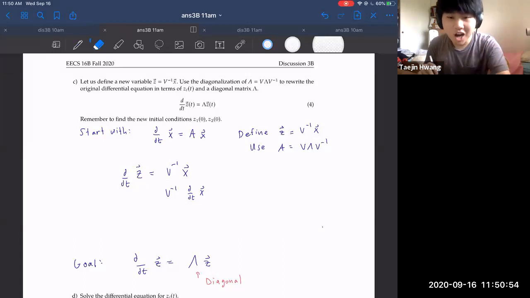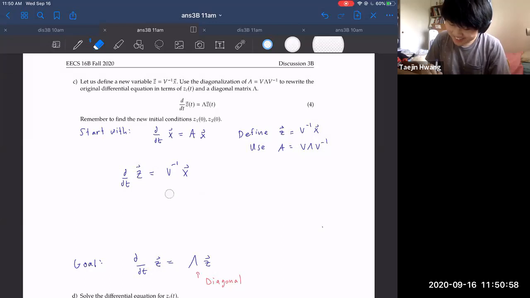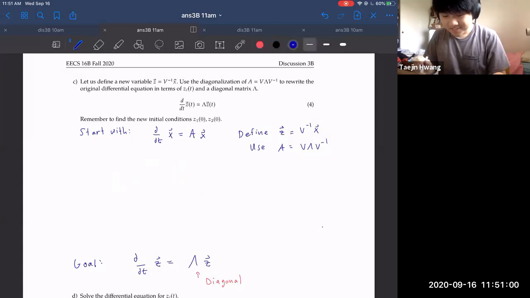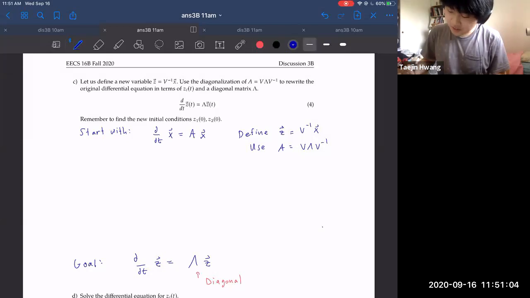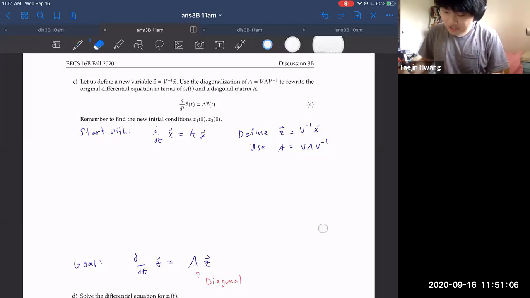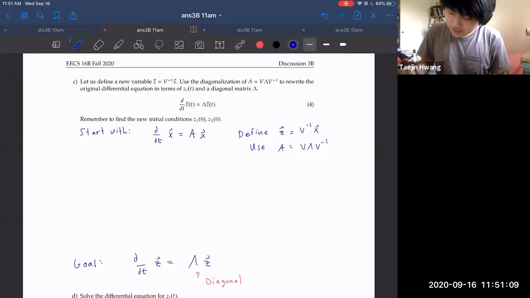I think it's the exact opposite way of how I do it, but this is definitely a valid way as well. So I think everyone is here, so let's go over this together. The way I did it was to plug A into the differential equation.